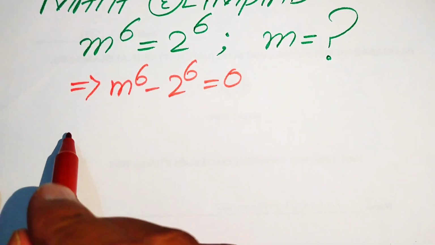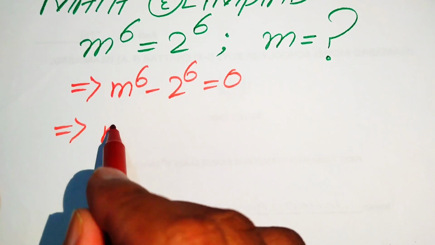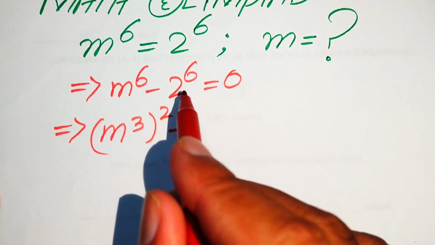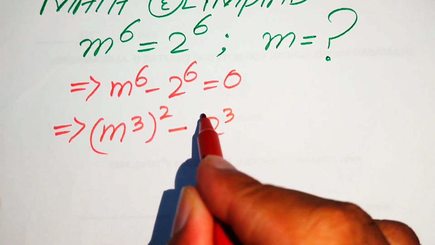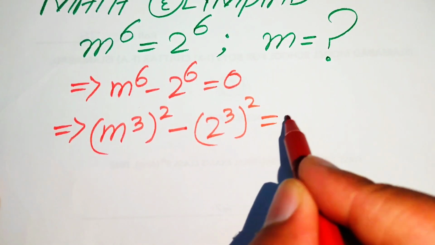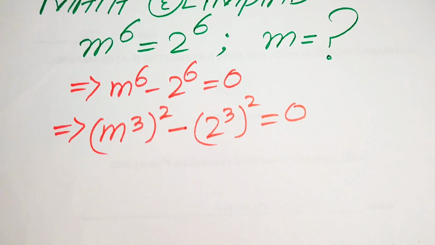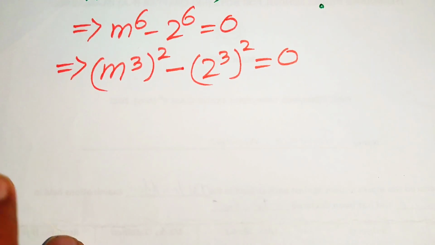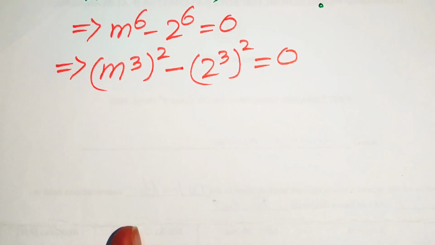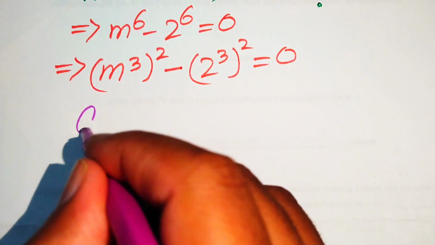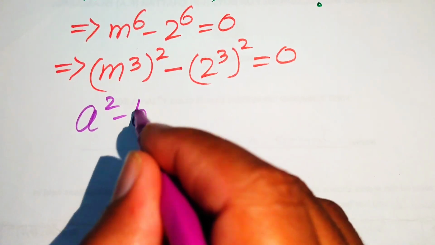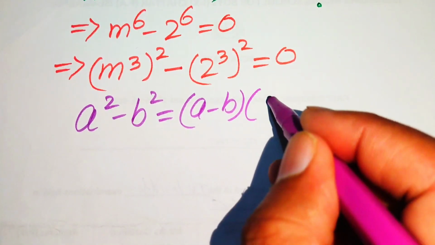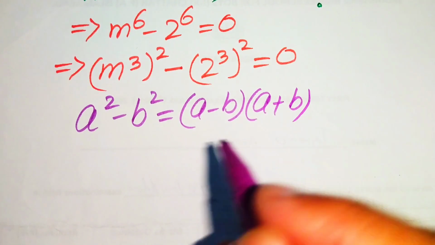And now in the next step, we rewrite this equation as m cubed, whole squared, minus 2 cubed, whole squared, equals 0. And here further we use the nice square identity, and you know about this identity: if we have a squared minus b squared, it equals a minus b times a plus b.